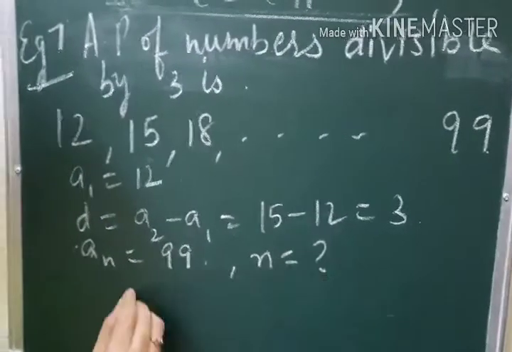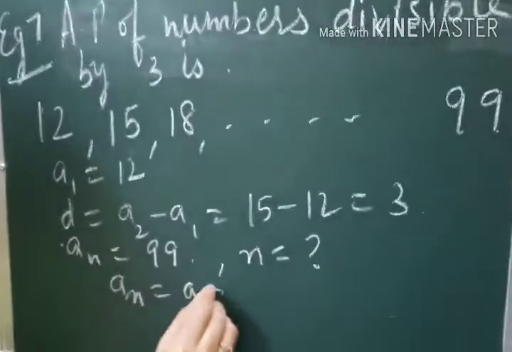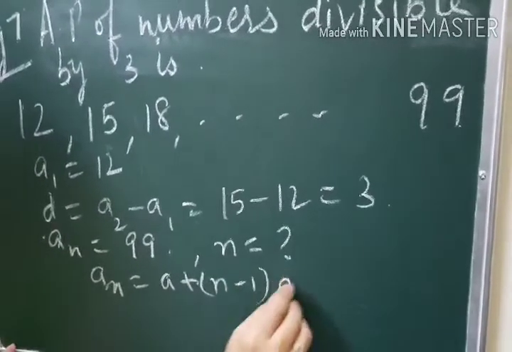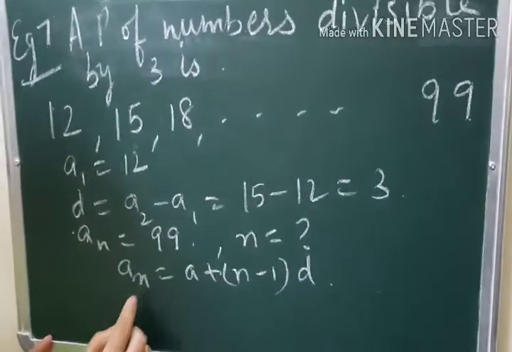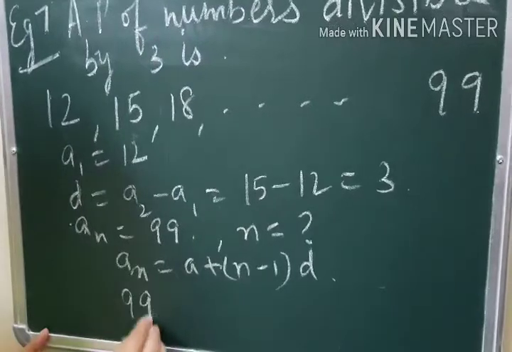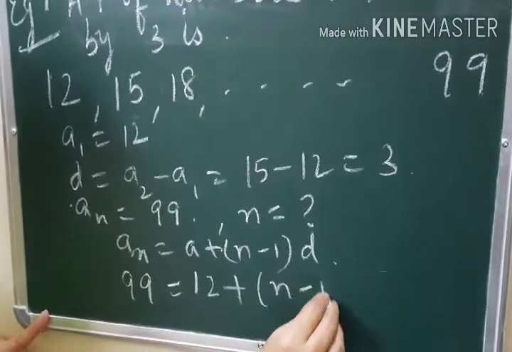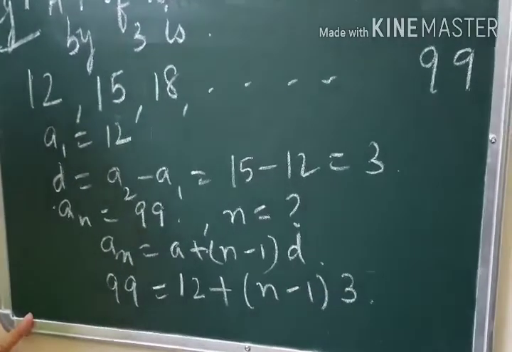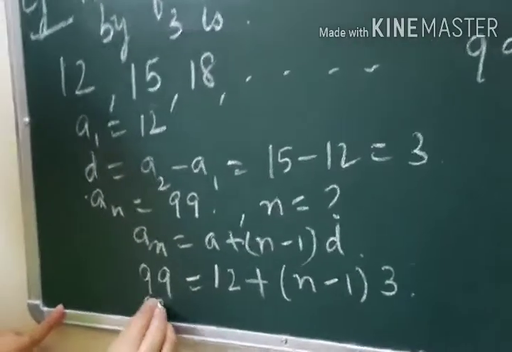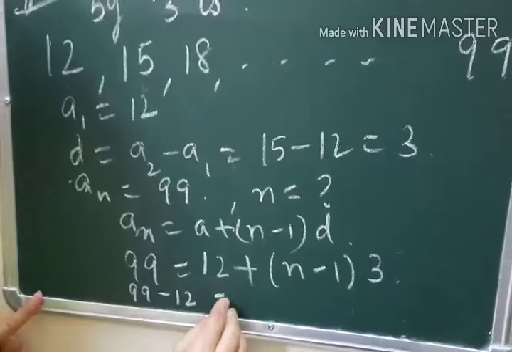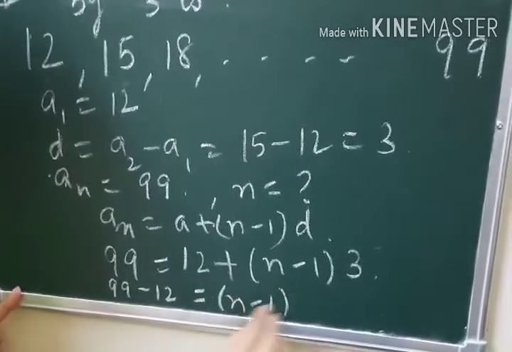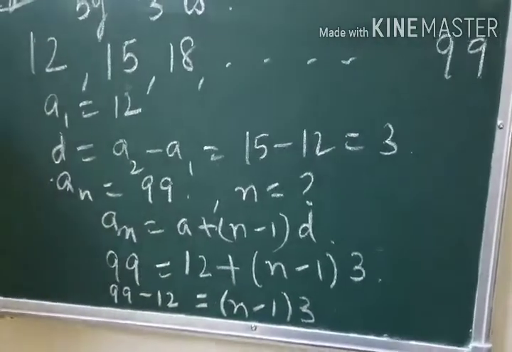Now put the formula for AN and put the values of all which are given. Now AN, 99, is equal to A, 12, plus N minus 1 into D, 3. Now shift this 12 to this side. 99 minus 12 is equal to N minus 1 into 3.